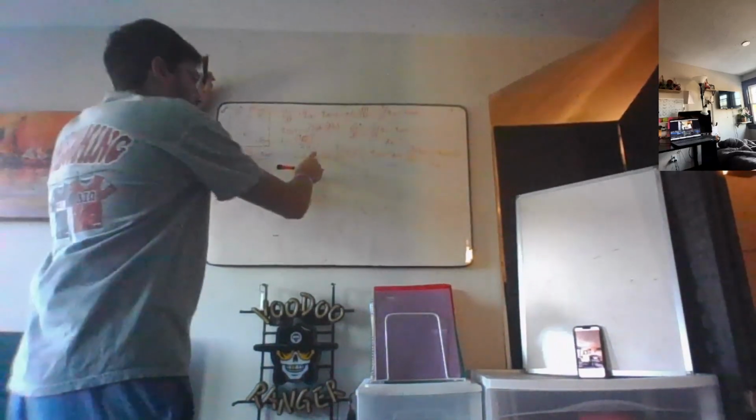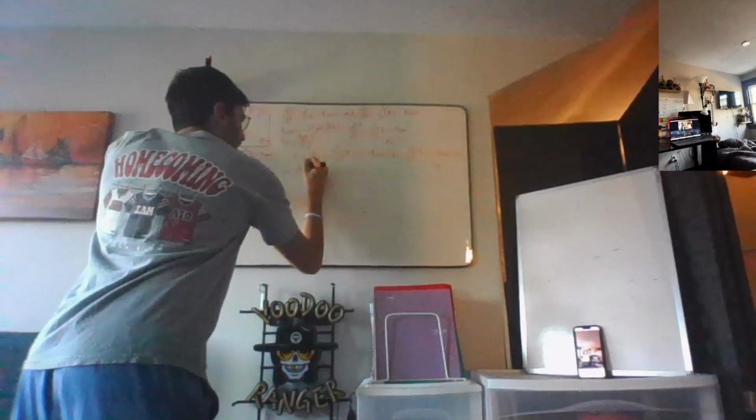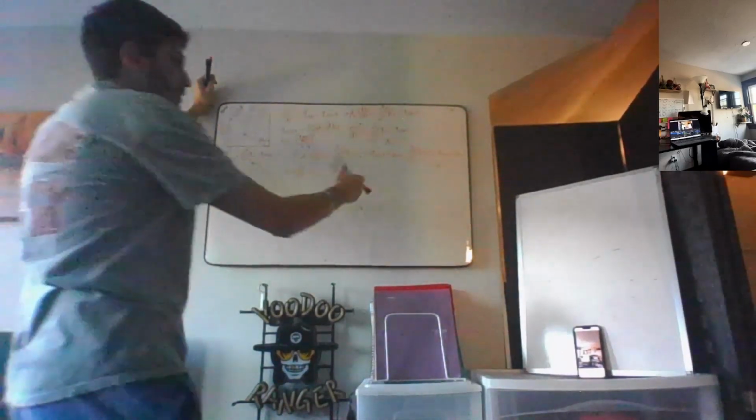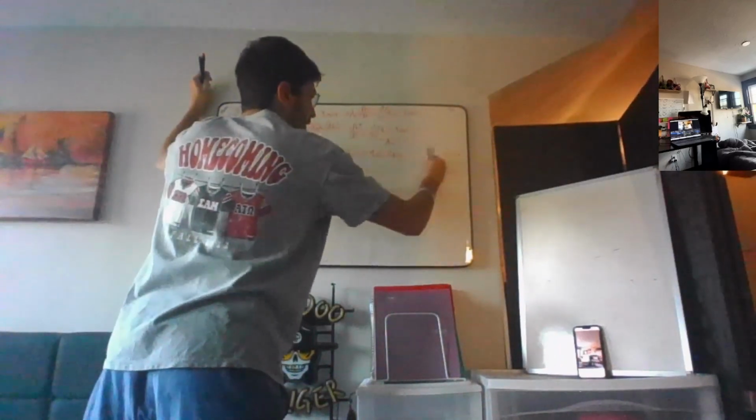Let's see. So if we multiply this out, we get AC multiplied by dH dt. So this was a little premature, because we want to find the change in concentration, right?